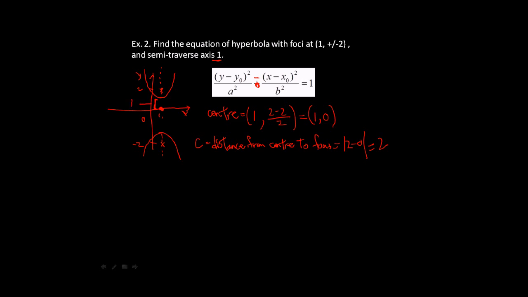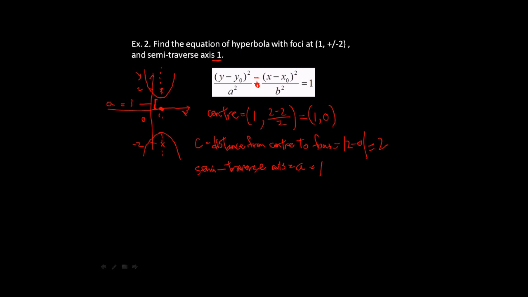Right? So which means it is A. Right, so right away we actually know that the semi-transverse axis equals A equals 1.